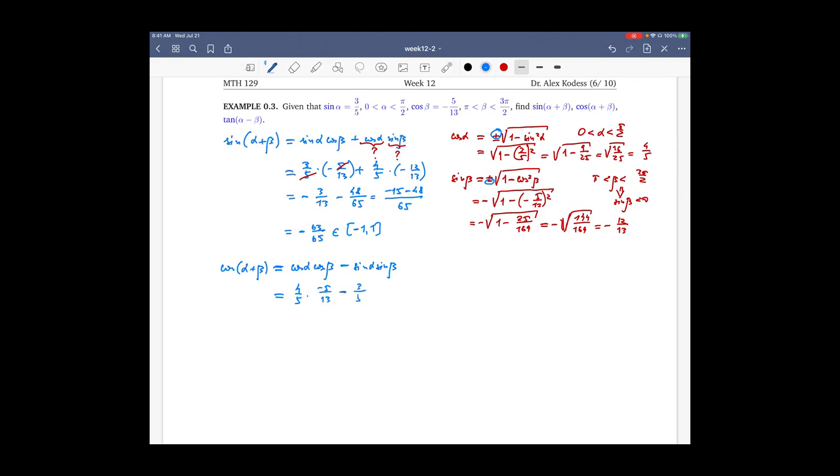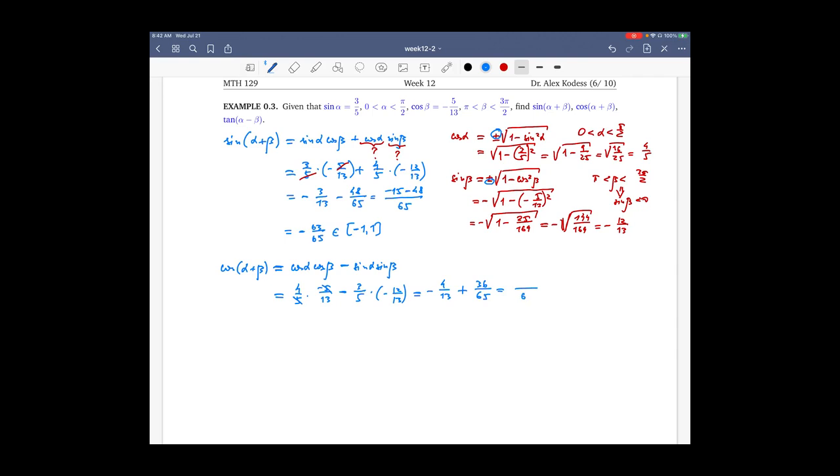Sine alpha is 3 over 5, and sine beta is negative 12 over 13. So we get negative 4 over 13 plus 36 over 65.